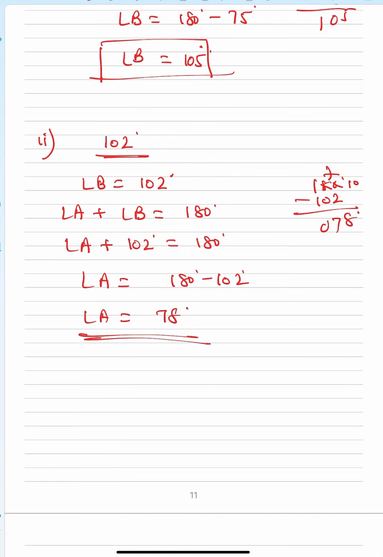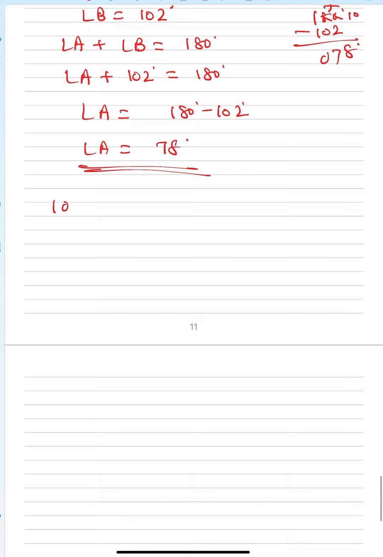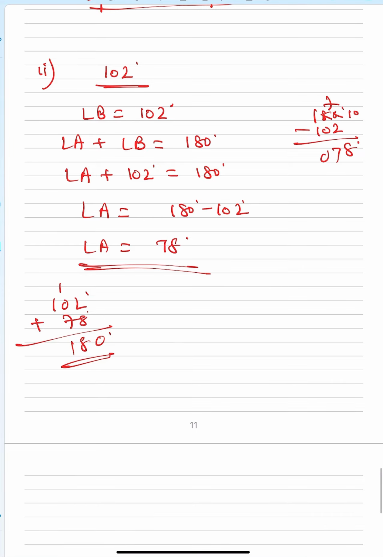So the supplement of 102 degrees is equal to 78 degrees. Let us add 102 plus 78. Are they forming 180 degrees? 8 plus 2 is 10, 7 plus 1 is 8 and 1, yes. So the supplement of 102 degrees is 78 degrees. This kind of sums may be asked and you have to follow the same method.